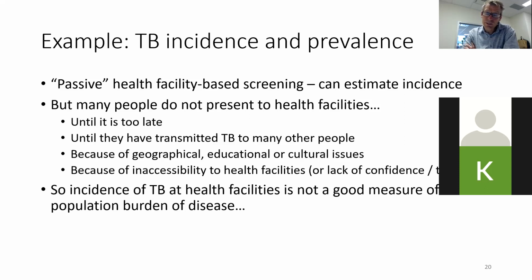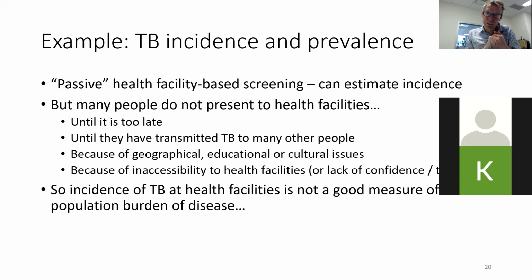And the reason why it's just as important to understand the prevalence of TB in the community is, especially for TB, many people have to reach a certain level of illness before they present to hospital. So when a person presents to hospital and it's a new case, therefore incidence, then often there'll be many more people who actually have TB in the community who haven't reached that stage where they're presenting yet.